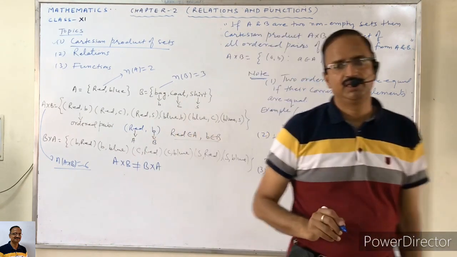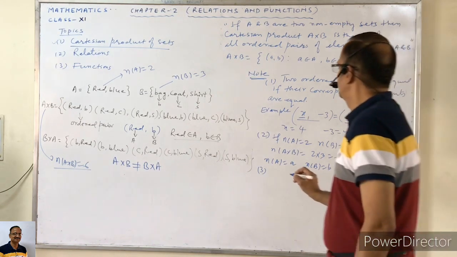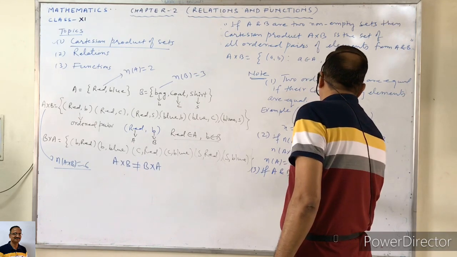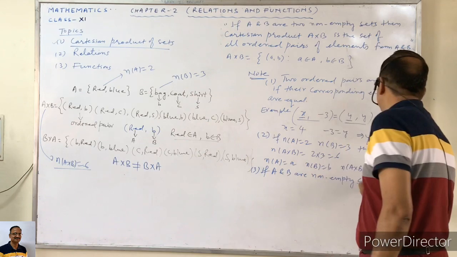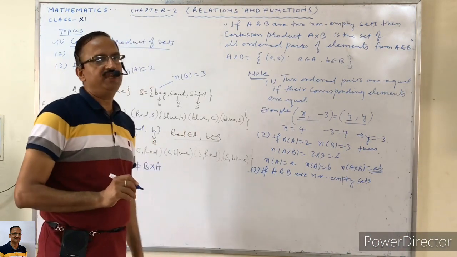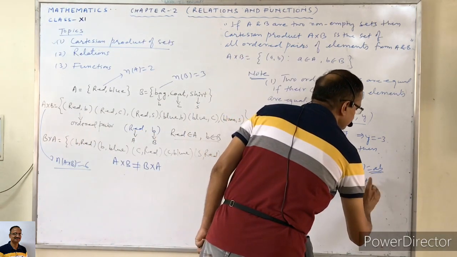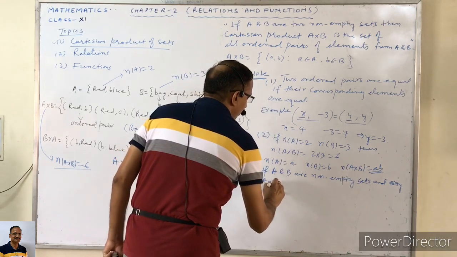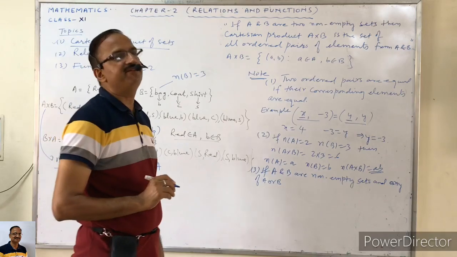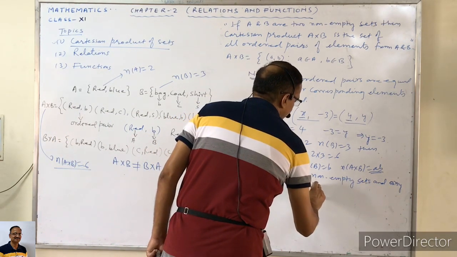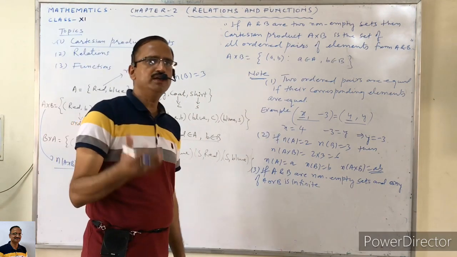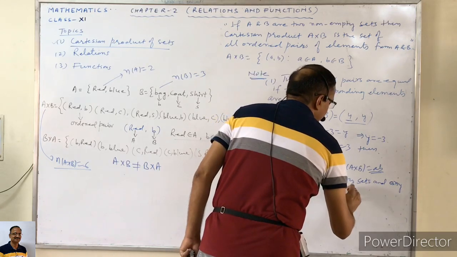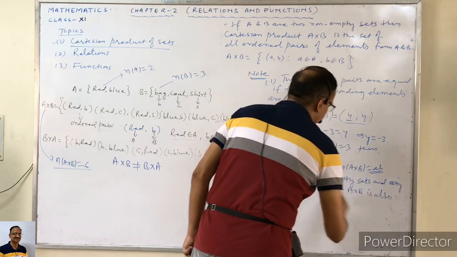Now come to the third note. If A and B are non-empty sets and any of A or B is infinite, it means either A is infinite or B is infinite, then A cross B is also infinite.